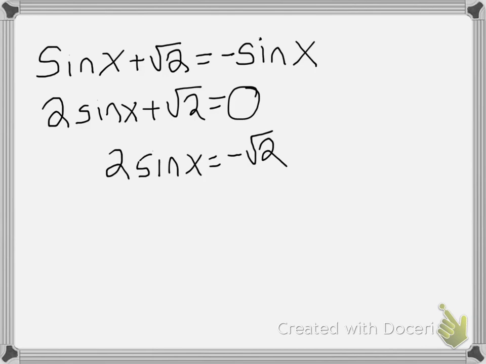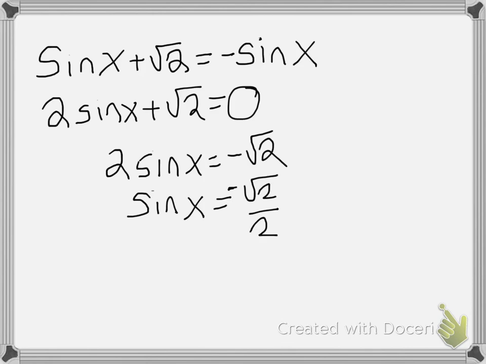All right, so now we're going to divide by 2 to get rid of that 2. So again, we're trying to isolate the trig function. And we get the square root of 2 over 2. And of course the negative is still there. Okay then, guys. Now we have to think. Where do we have the sine of x equals negative square root of 2 over 2?